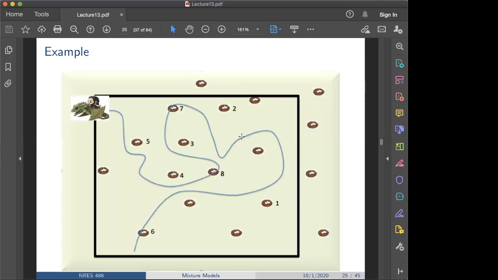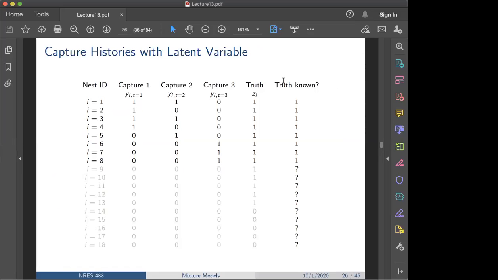And the person's not surveying out here, so there's 0 probability of finding those nests. We don't care about those ones really right now. What we care about are the numbers that are in our survey area that we didn't see. Nests 9 through 13. Because we want to know about how many are in our study area.